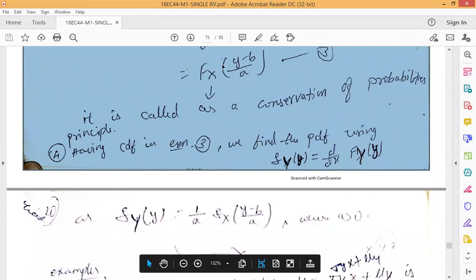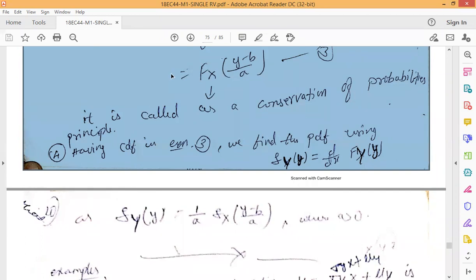On the right hand side, you are going to see the equation for F_Y(y). So F_Y(y) is replaced as F_X((y - b)/a). You are going to substitute the right hand side value in the differential term. So we'll be getting f_Y(y) is equal to d/dx of F_X((y - b)/a), so that has to be differentiated with respect to x.